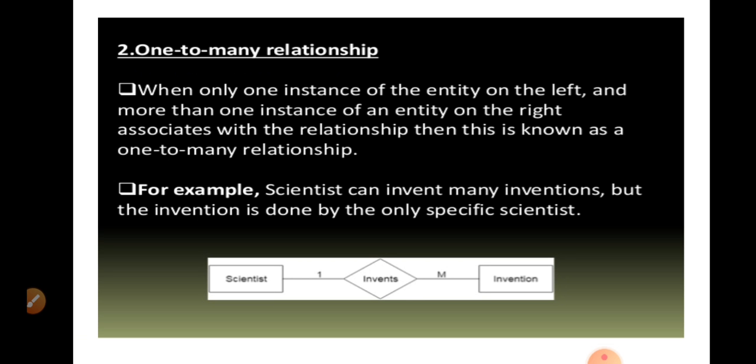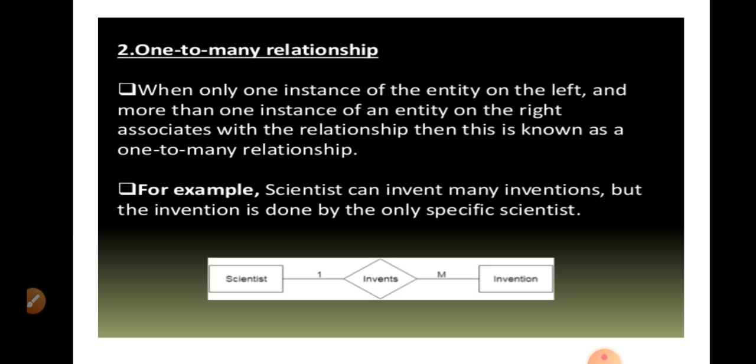Scientist and invention are our entities, invents is our relationship. One scientist invents many inventions. Left hand side gives one and right hand side gives many, M for many. This is the example of one-to-many relationship.